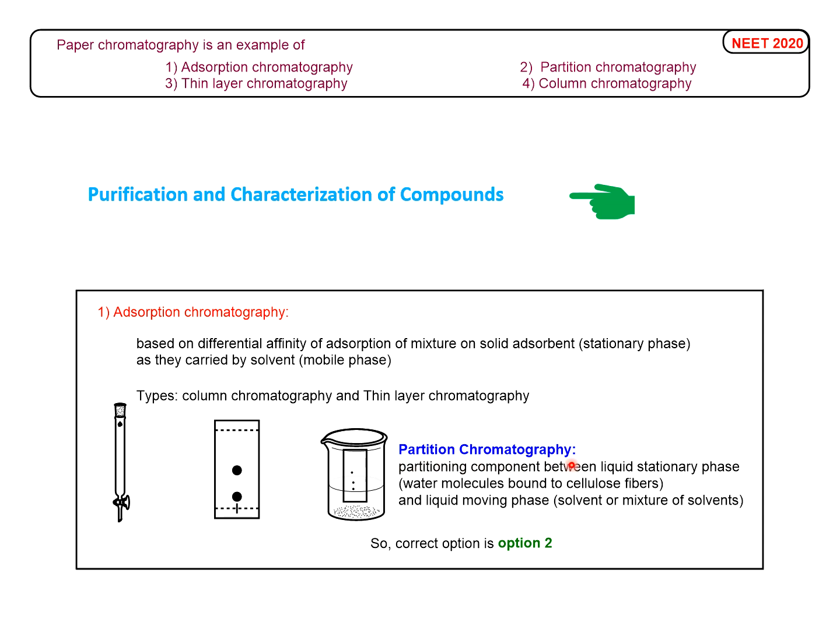In partition chromatography, there is partitioning of the components between a liquid stationary phase, with water molecules bound to the cellulose fibers, and a liquid moving phase, that is, solvents or a mixture of solvents that move. So in partition chromatography, the stationary phase is liquid in nature, and this is generally liquid bound to the cellulose fiber.